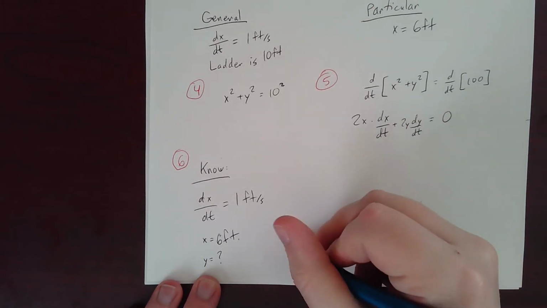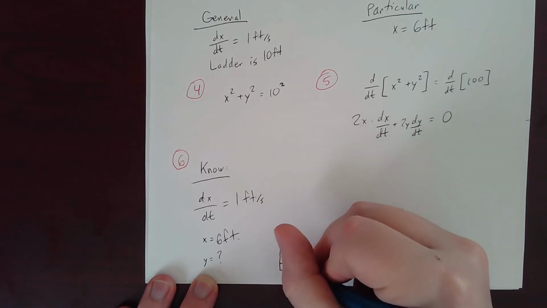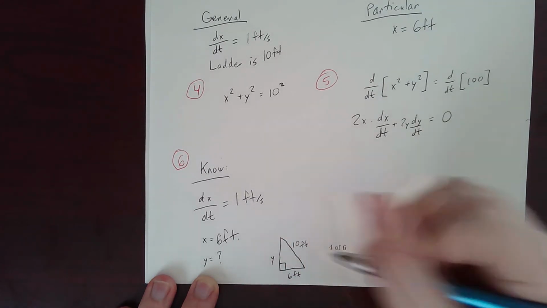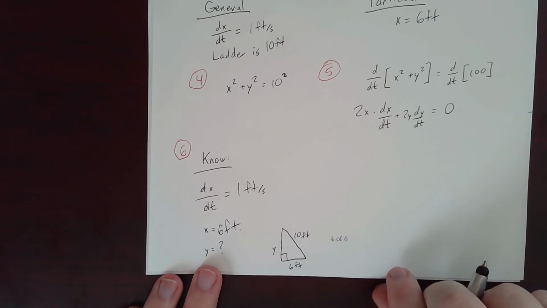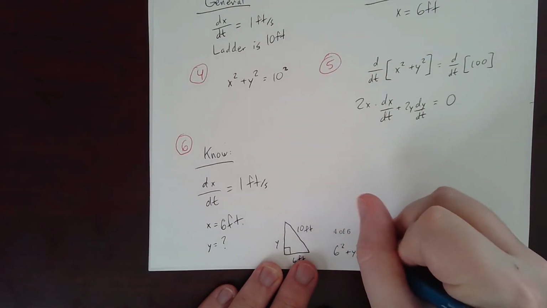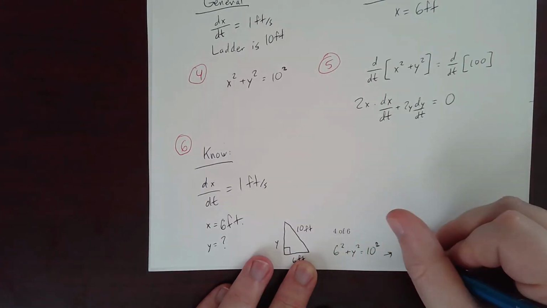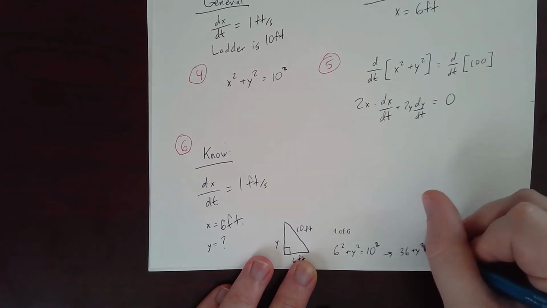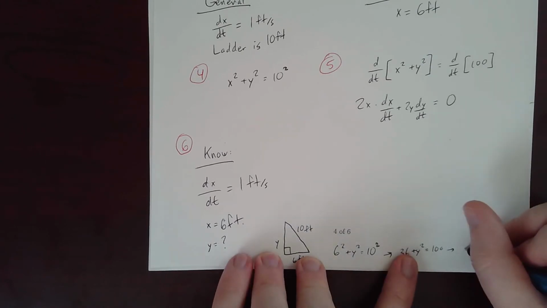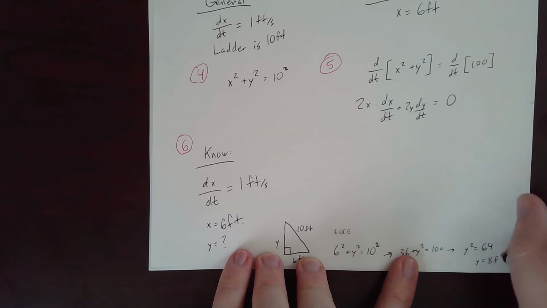Well, fortunately, we again just have the equation of a triangle. So if this is 6 feet, and this is y, and this is 10 feet, then following along with how we do the Pythagorean theorem, we'll have 6 squared plus y squared equals 10 squared, which tells us that 36 plus y squared equals 100, which tells us that y squared equals 64, which tells us that y equals 8 feet.